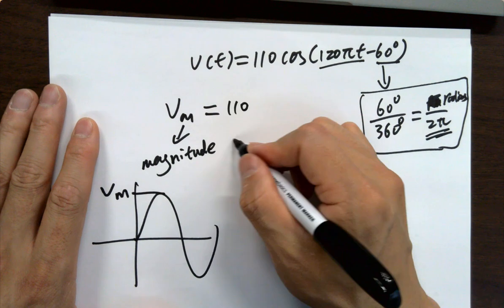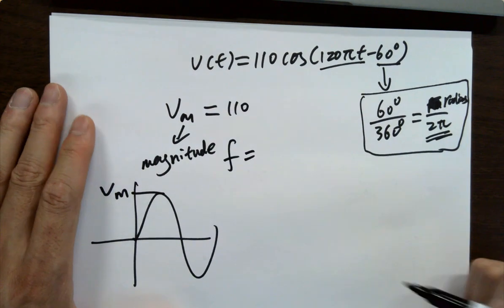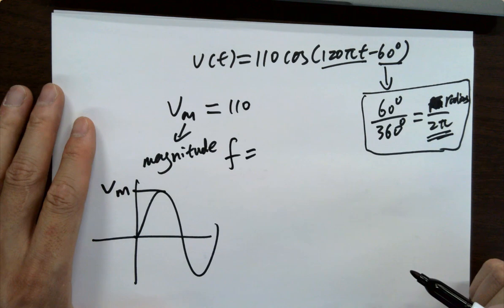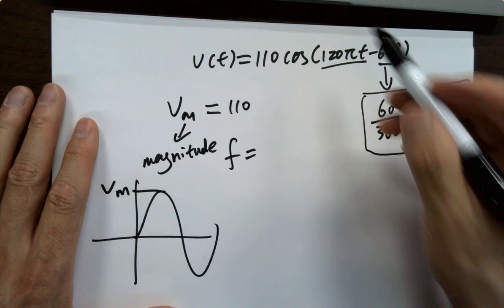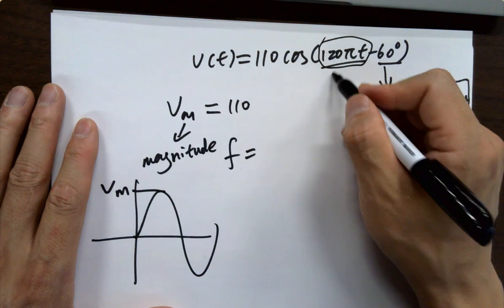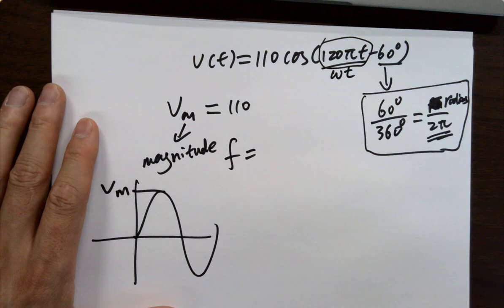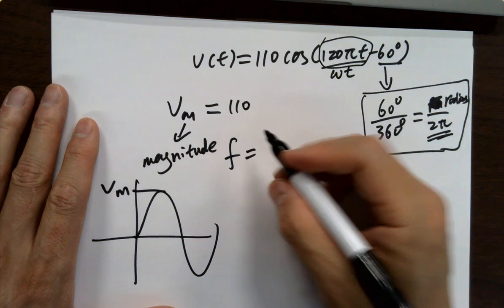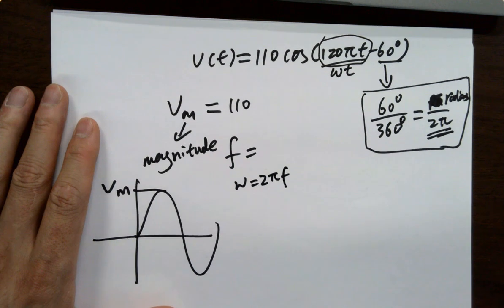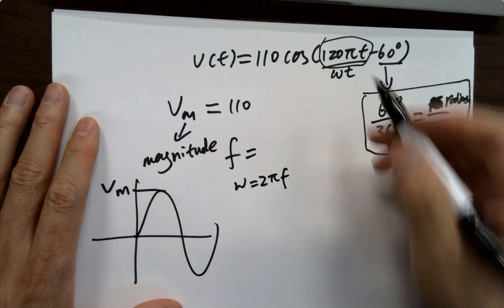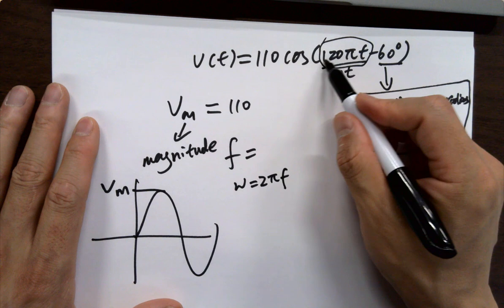So what is f? Remember this one is omega t, right? Omega is 2 pi f, which is derived on the other page. 2 pi f. So in here, omega will be 120 pi.